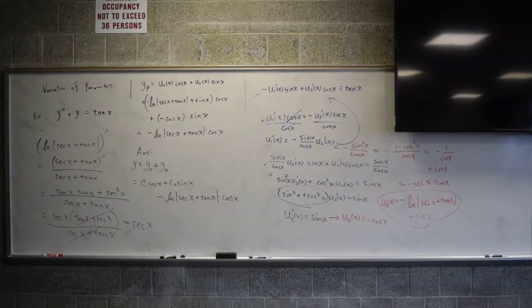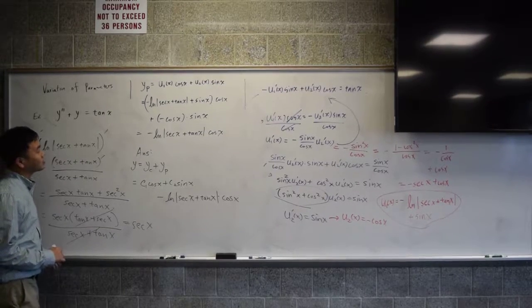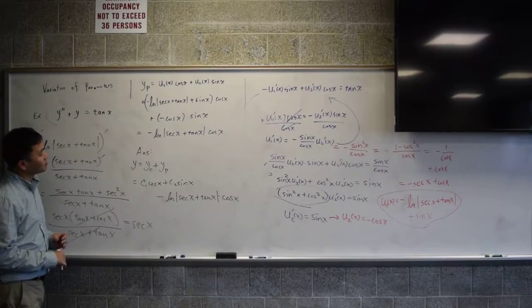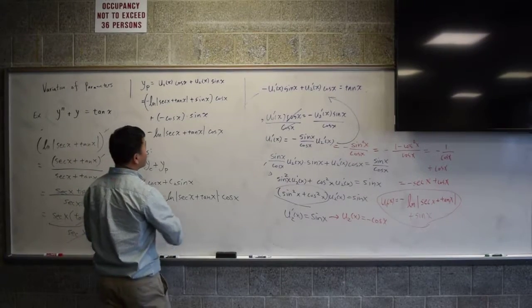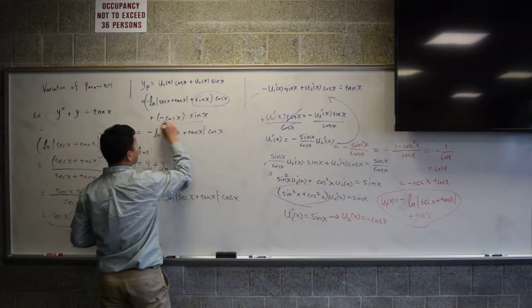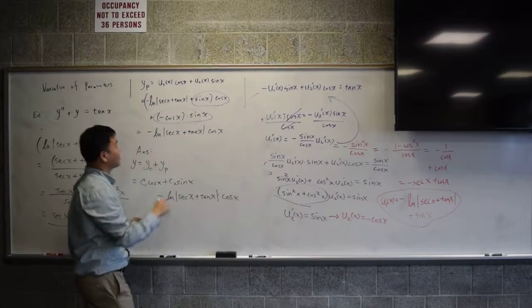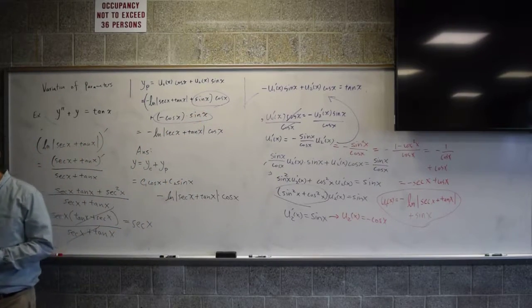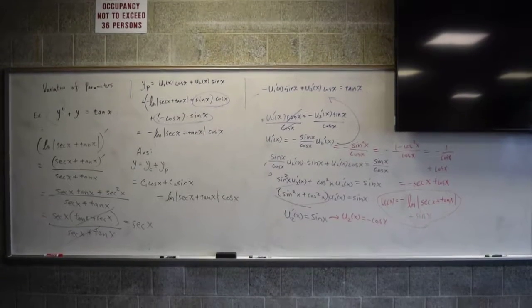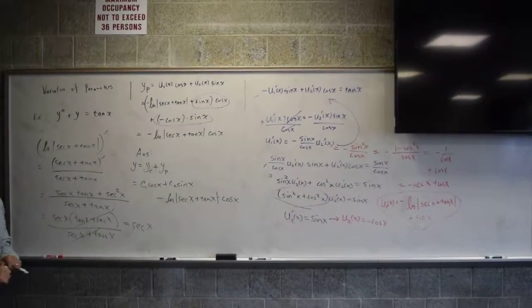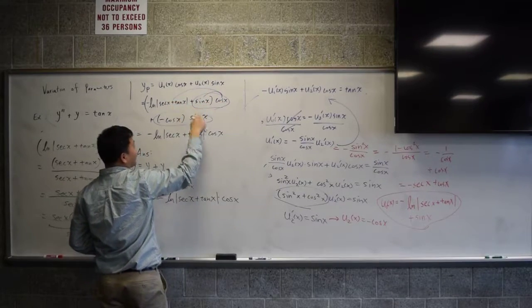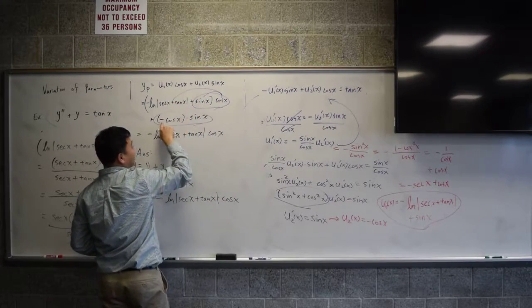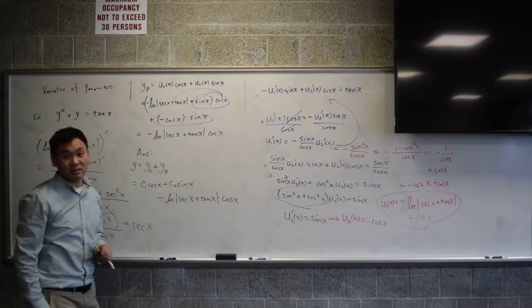Yes? How do you go from negative ln cosine x plus negative cosine x sine x to just ln secant of x plus tan x? Oh, I was just pointing out that these are exactly the same and with opposite signs. So if you add them, it's 0, right? If I multiply them, sine times cosine minus cosine times sine, that's 0, right?